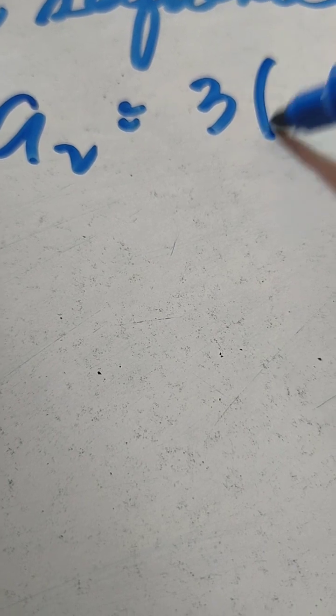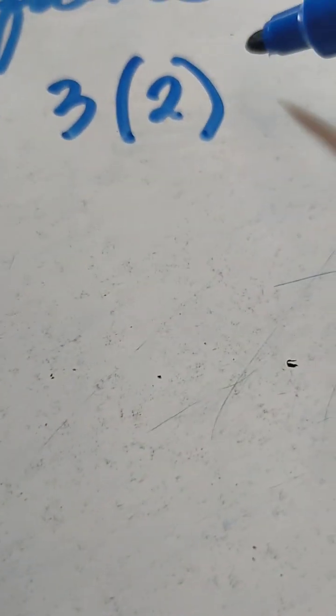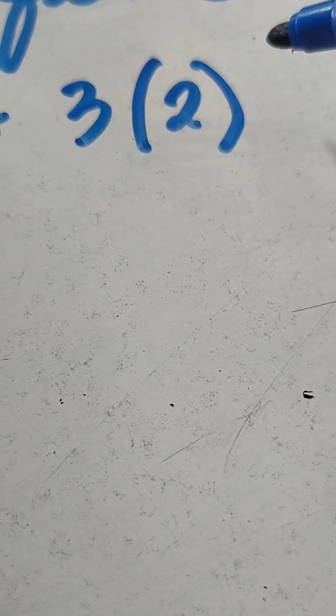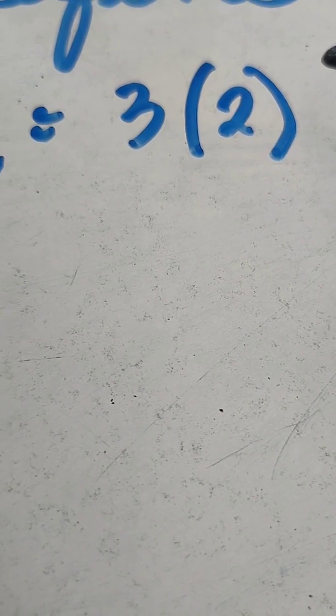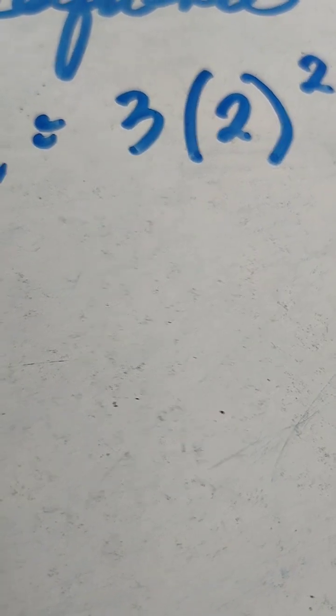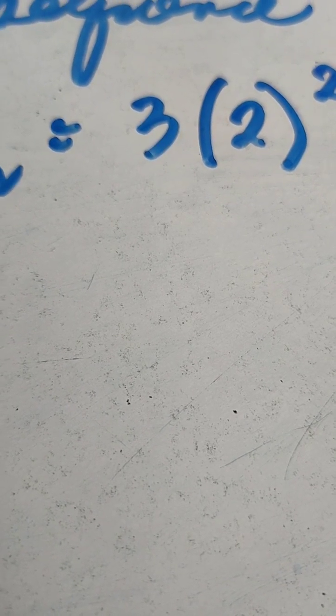So a sub 1, a sub 2 is equal to 3 times 2, which is actually the value of our r, raised to the power of 2 minus 1. How did we get our r?